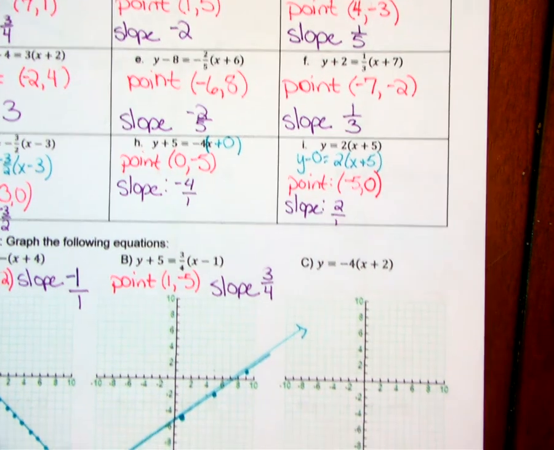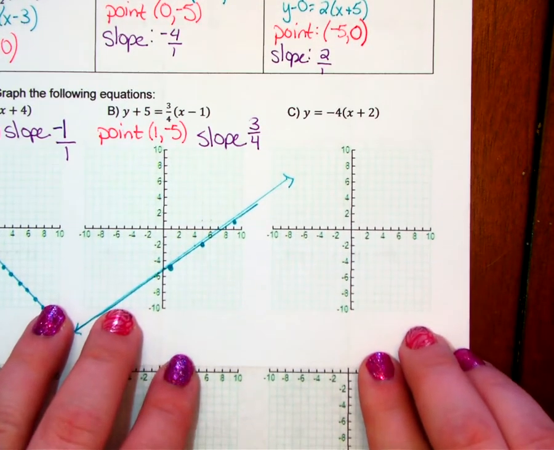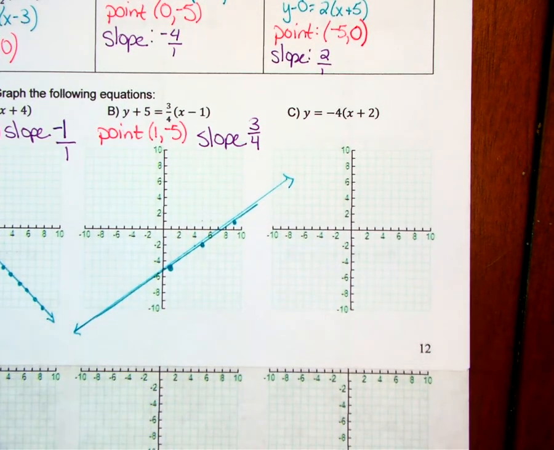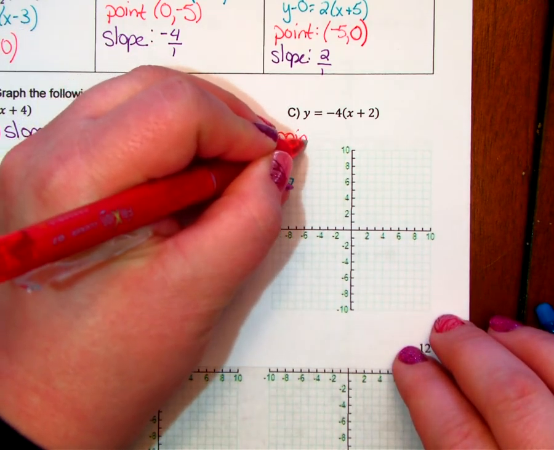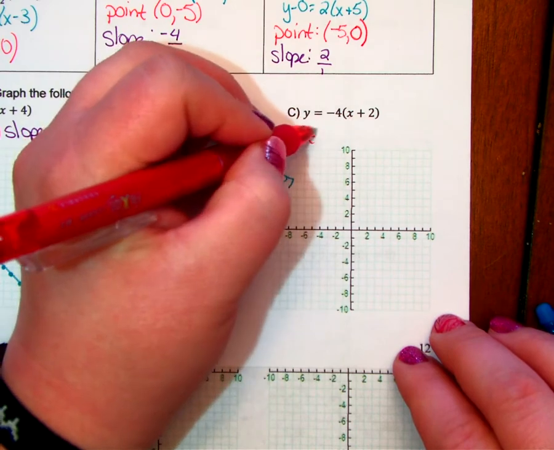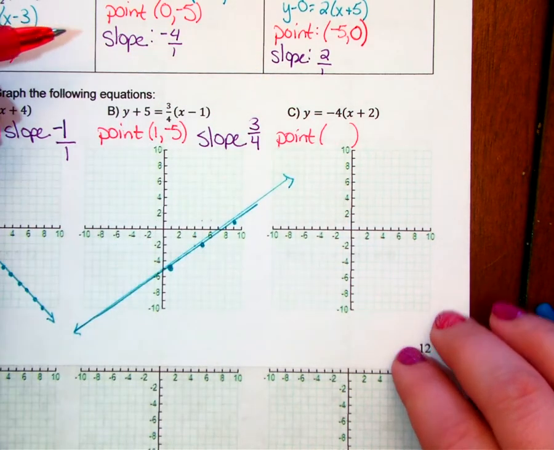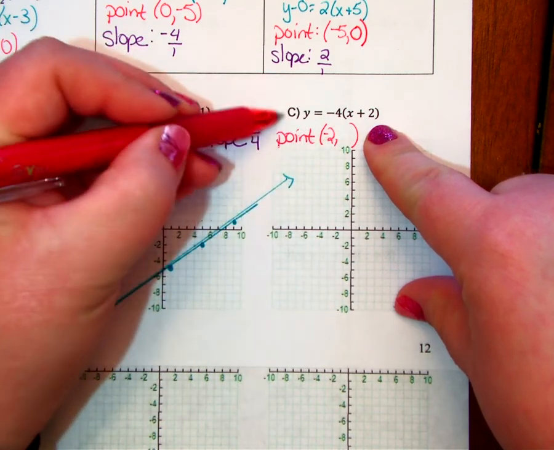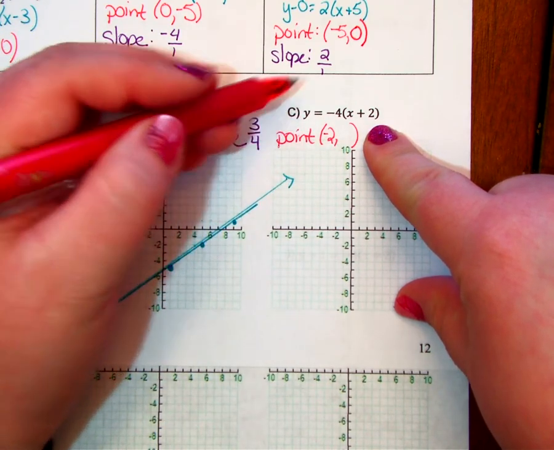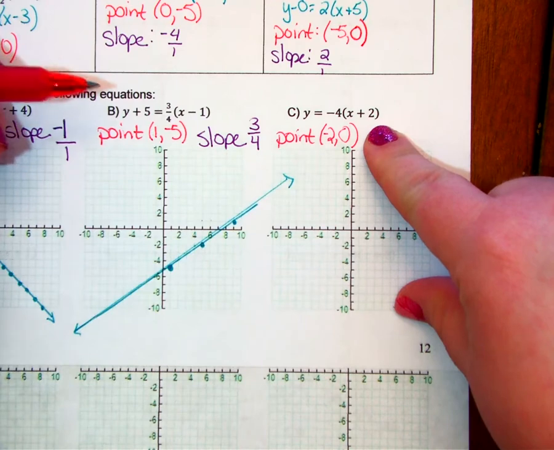Let's take a look at how I would graph something for a level 4 problem. Remember, I first need to identify the point. I know that the x coordinate is -2, but I don't see a y coordinate over here. That means that it's at 0.